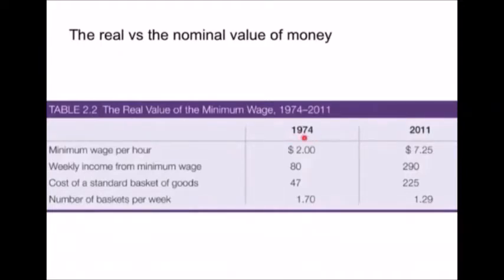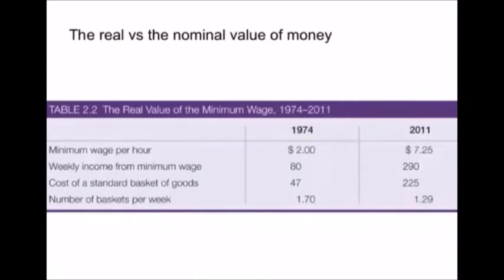Let's look back at 1974. In 1974, the nominal minimum wage was $2 per hour. Weekly income from the minimum wage was $80. If you worked 40 hours and earned $2 an hour, you'd get $80.